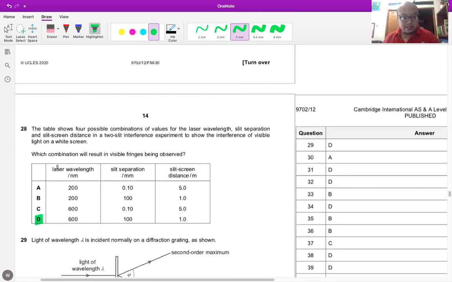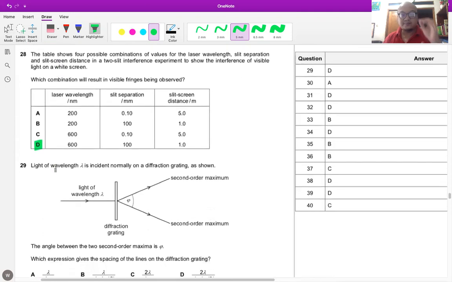Okay, now question 28. The answer is D. The table shows four possible combinations of values of laser wavelength, slit separation and slit-screen distance in a two-slit interference experiment to show the interference of visible light on a white screen. Which combination will result in visible fringes being observed?